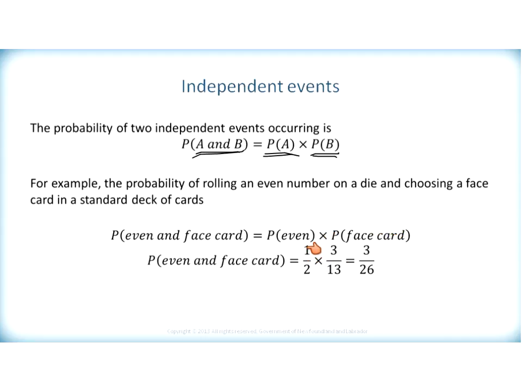The probability of getting an even is 1/2. The probability of getting a face card is 3/13, which equals 3/26. It's 3/13 since there are 12 face cards in a deck of 52, which would reduce to 3/13.